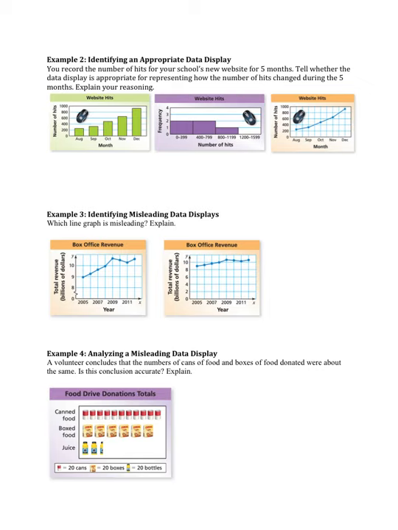Okay, so first we have a bar graph, and we can see exactly how many hits were on the school website each month. We can kind of see that it's getting bigger each month as more people are hearing about the website. So I would say this is yes. It shows how many hits were on the website each month.